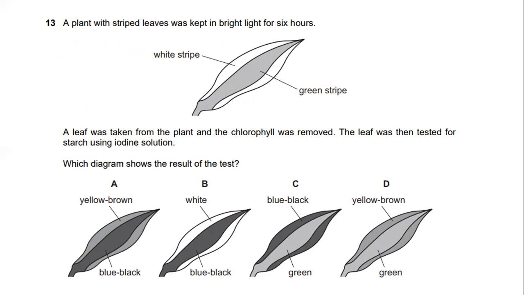A plant with striped leaves was kept in bright light for 6 hours. So, what will happen when a leaf is taken from the plant and the chlorophyll is removed? The leaf was then tested for starch using iodine solution. Which diagram shows the result of the test?